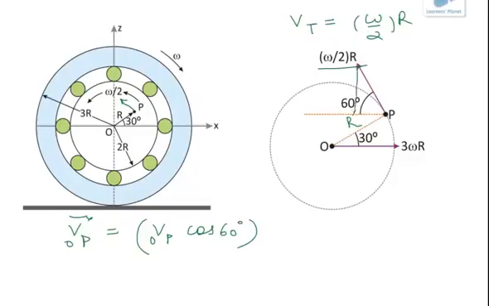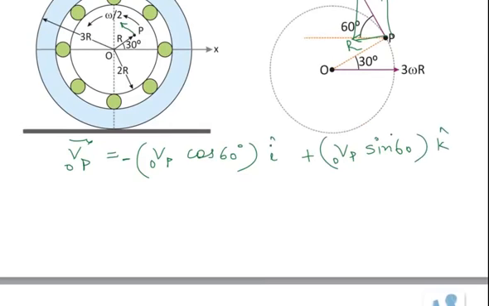So if we take the component, we will have VPO cos 60 i cap with a minus sign because it is in the negative x direction, plus VPO sin 60 k cap because it is in the positive z direction.